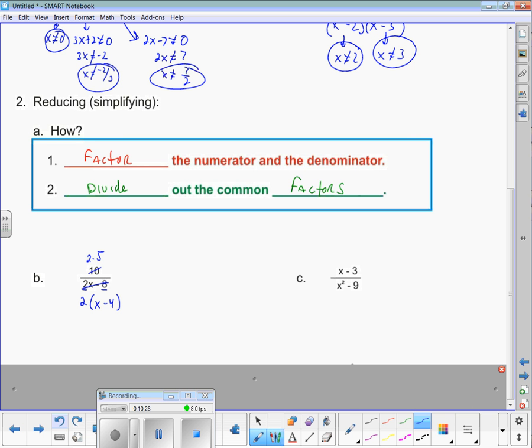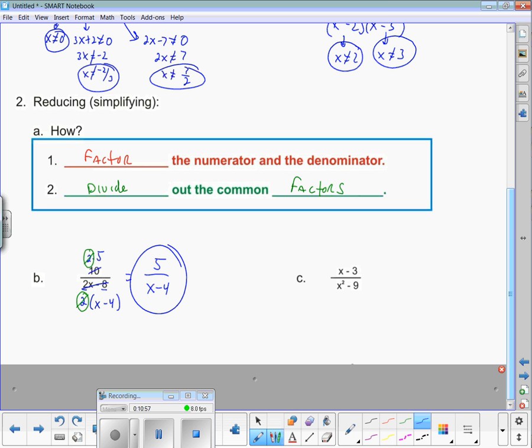Now, when something is multiplied times another quantity, it is now eligible to be reduced with other things multiplied times a quantity. So these 2's divide out, and we have now reduced this, and that's the answer, 5 over x minus 4. All right? Factoring.